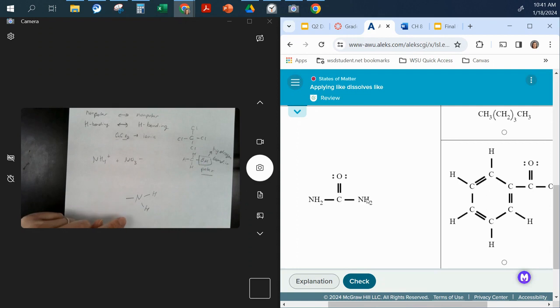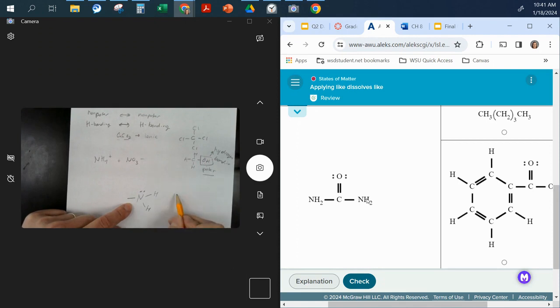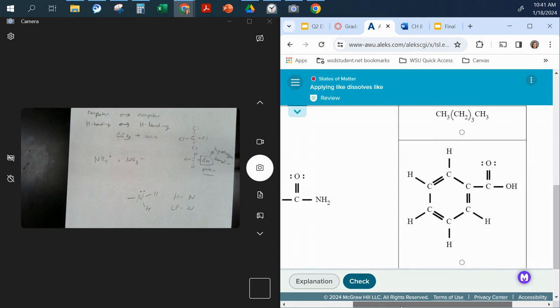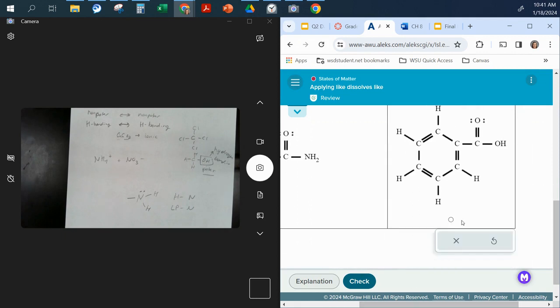This doesn't have enough valence electrons. This is like an abbreviated structure. So this actually has a lone pair on the nitrogen. So we have hydrogen attached to the nitrogen, and we have a lone pair on the nitrogen. So this would have hydrogen bonding. So if I can find a molecule that has hydrogen bonding, I'm going to pick that for my solvent.